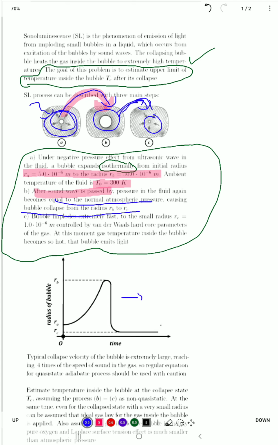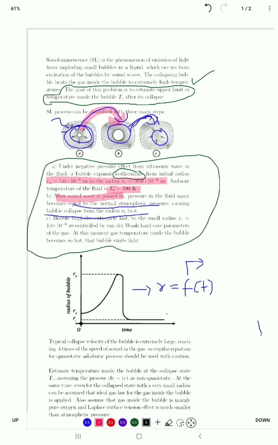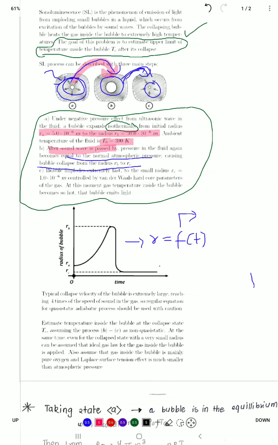Here the radius is given as a function of time, and we can find this function by solving the differential equation, either the Keller-Miksis formulation, or the Rayleigh-Plesset formulation. Any of the formulations we can use to find the equation of the radius of the bubble.